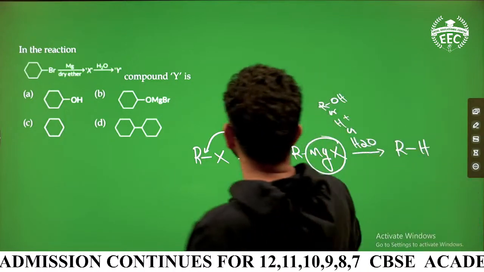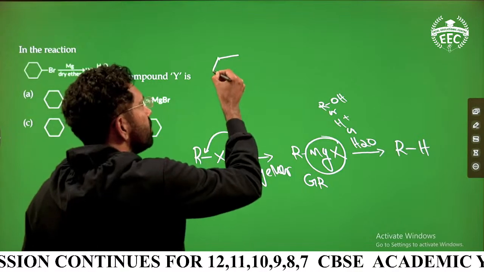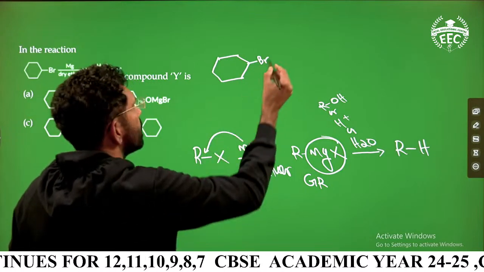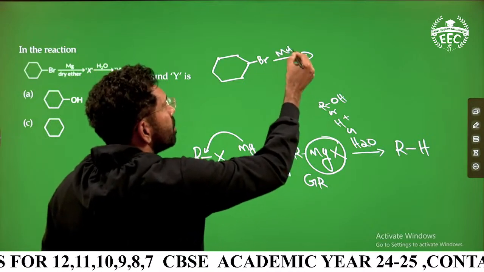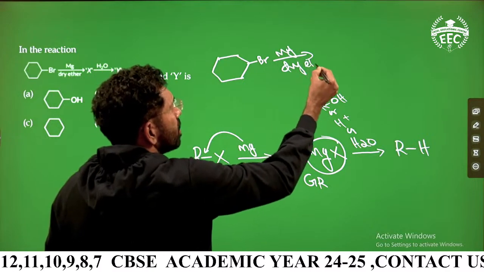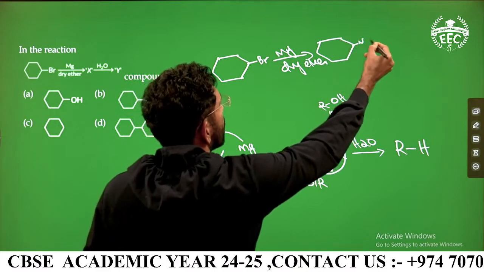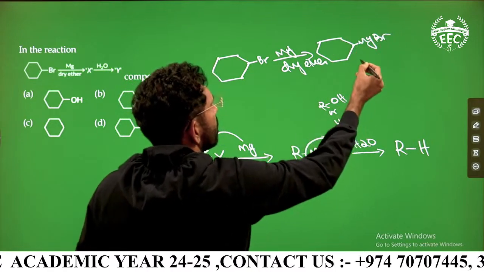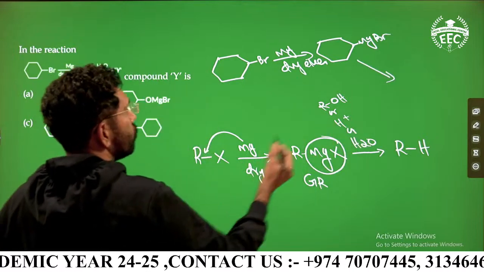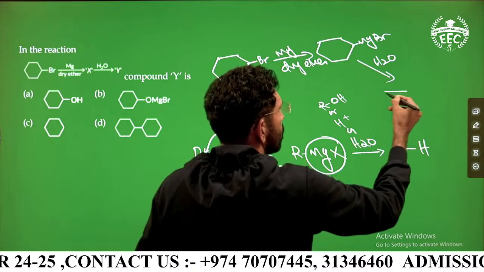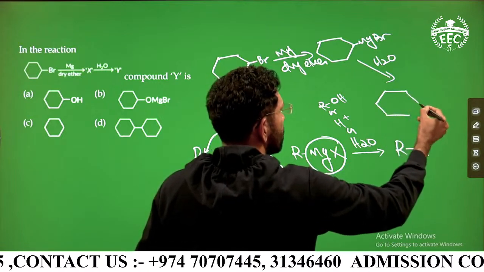Yes, very good. So we will get the answer this way. With bromine on the ring, with Mg in dry ether you will get the cyclohexane ring with MgBr. And with H2O, the MgBr is replaced by H, and you will get cyclohexane.